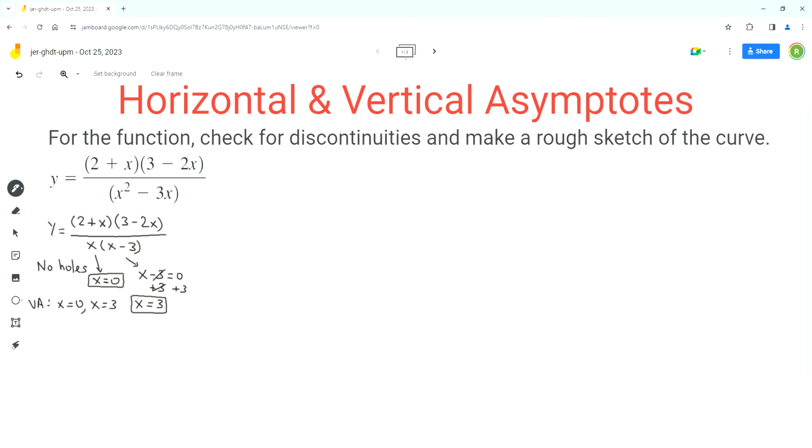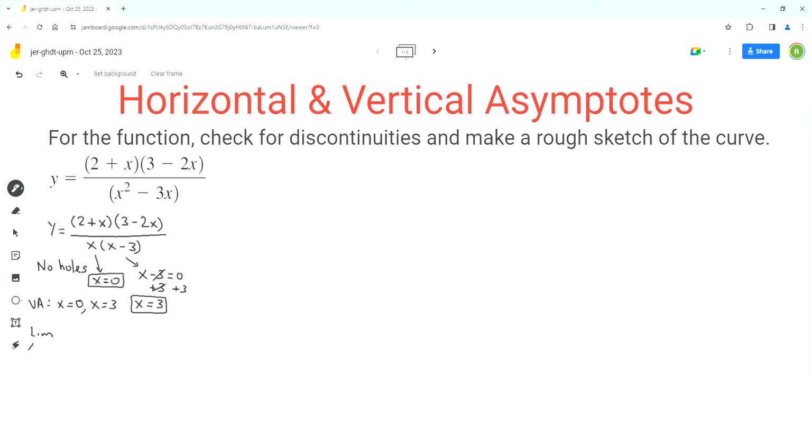Now we have to analyze the behavior of the curve around these two vertical asymptotes. So for that, we should find the sign of the limit on the left and the right hand side of these asymptotes. So let's start with the vertical asymptote x equals 0. So we'll do the left hand limit.